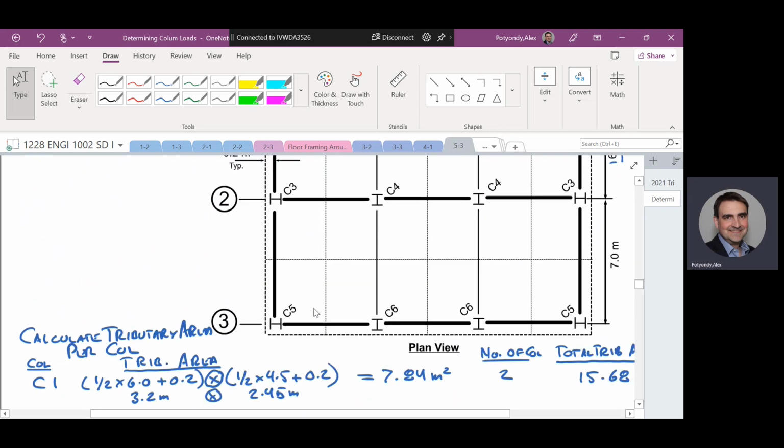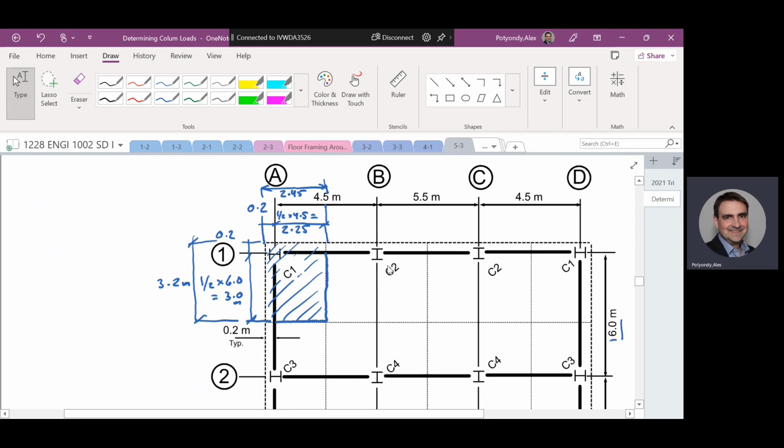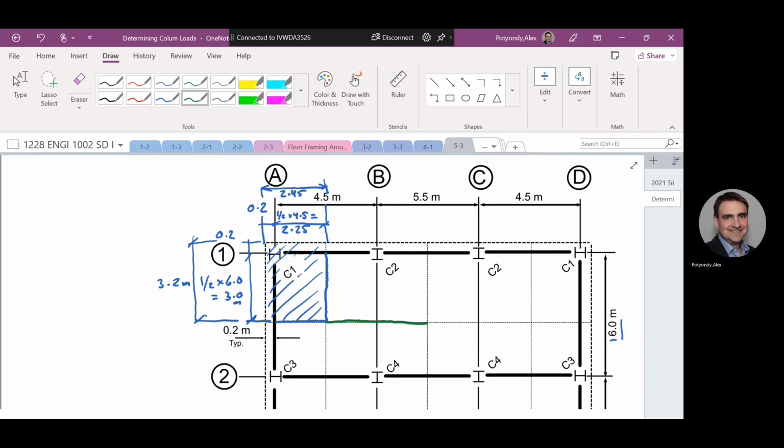Now let's do for the next one. That's C1. What about C2? Well, I'm going to use green here. Now C2, let's sketch in the tributary area that it supports. So it's going to support 1/2 this dimension here. And that gives me 2.75 meters. Okay.